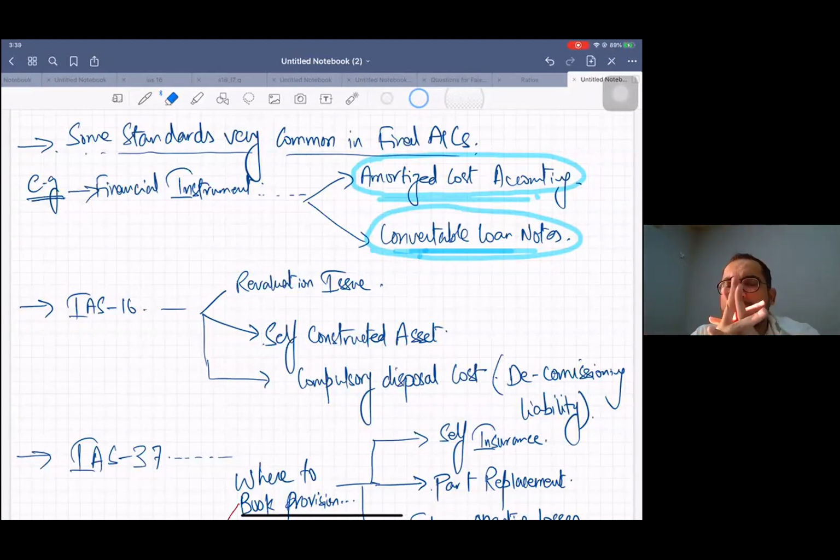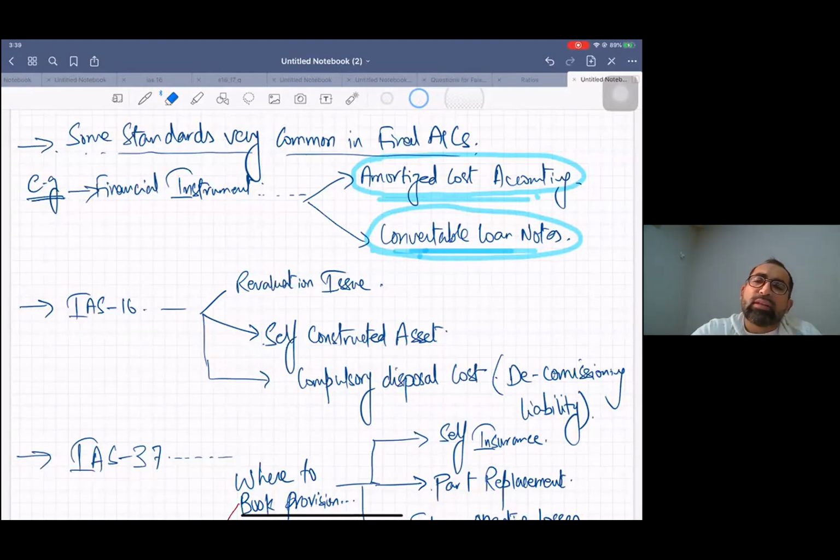In fair value through OCI, again the investment is carried at fair value, but this time all changes in fair value, upward or downward, are taken to OCI. But don't forget, in this case the transaction cost will be capitalized.